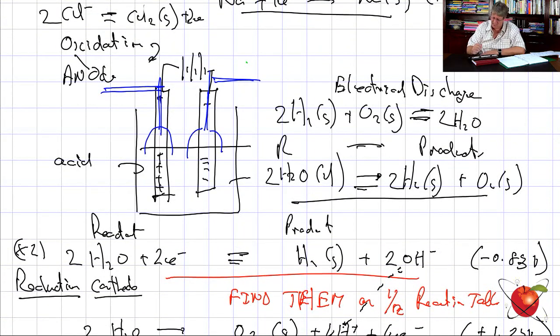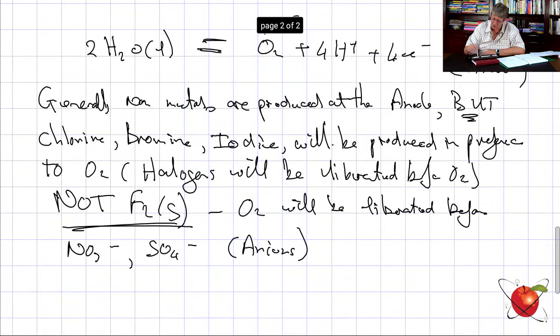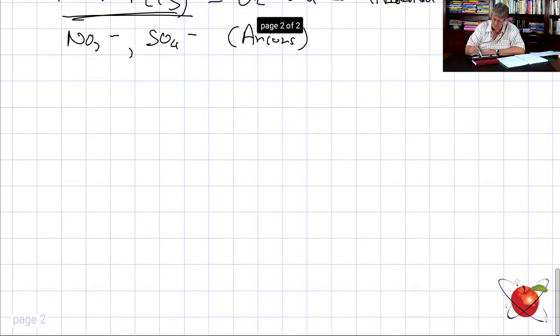So what is happening over here? At the anode we're going to get the oxidation. We're going to get the oxygen coming out, aren't we? So the next step is to say, righty ho, let's have a look at copper chloride in solution. What do we have? We have got our pot.